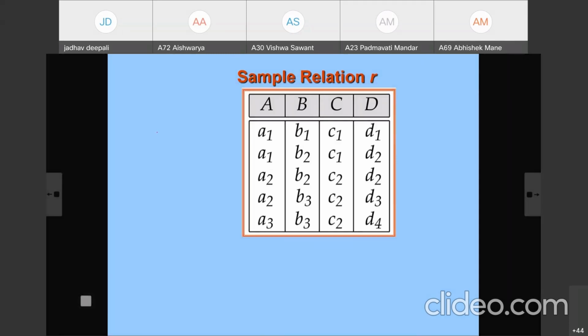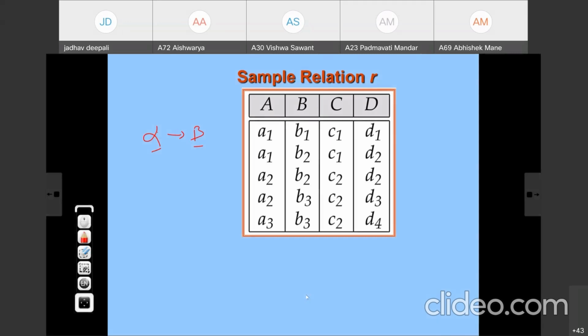Because alpha tends to beta, where alpha and beta are subsets of R. It may be one or more attributes, not necessarily always one attribute. Now, looking at this, which are satisfied and which are not satisfied, that we are going to see.